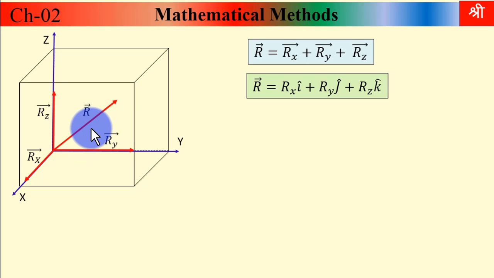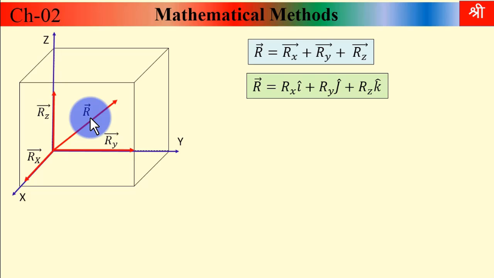We know that rectangular components of a vector are the components which are directed along positive directions of x, y and z axis. For example, in this figure, vector r starts from origin of coordinate system, three axes, x-axis, y-axis and z-axis.